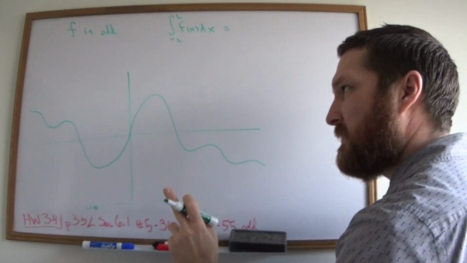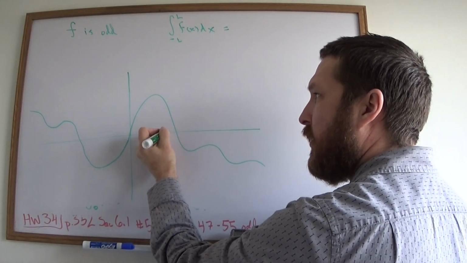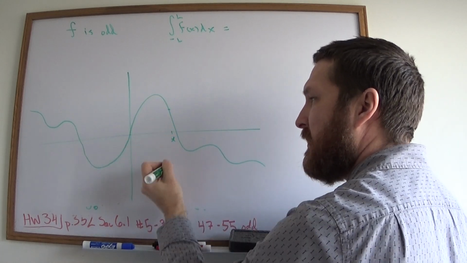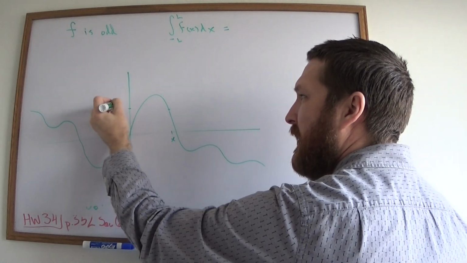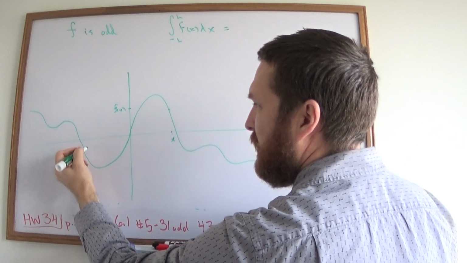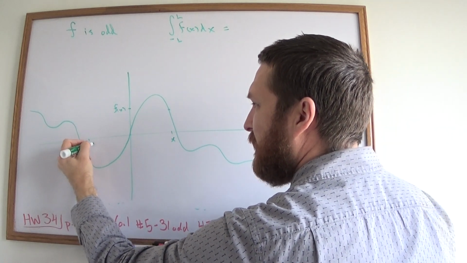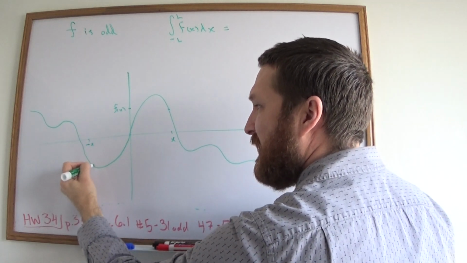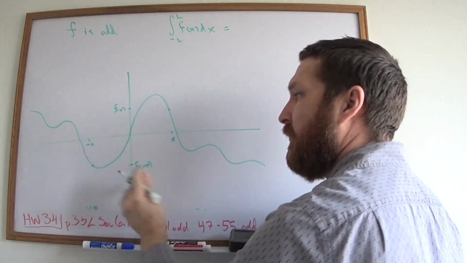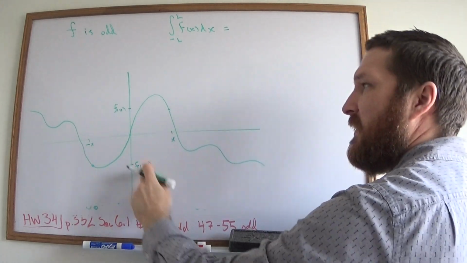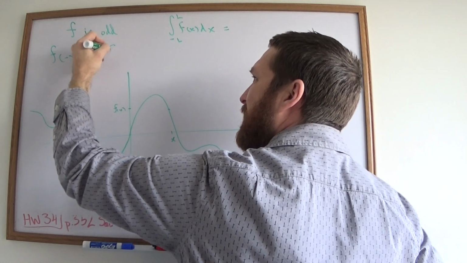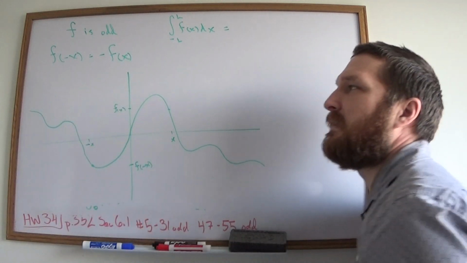And what that means is, when you go over to x here, and you get out some f of x here, if you go in the opposite direction to negative x, then you get the negative of what that was. That is, f of negative x is negative f of x.